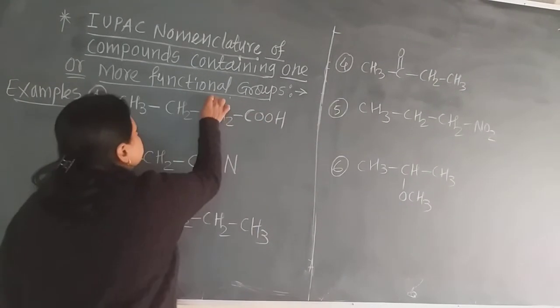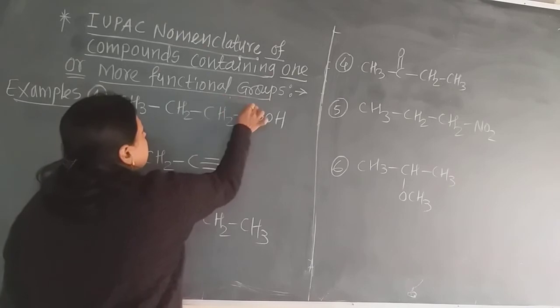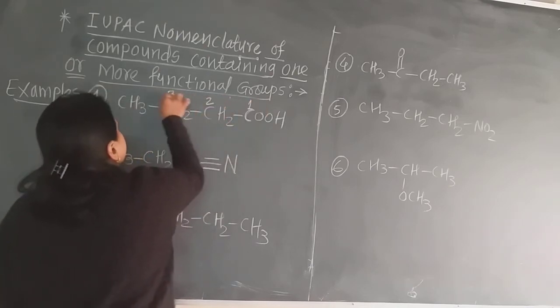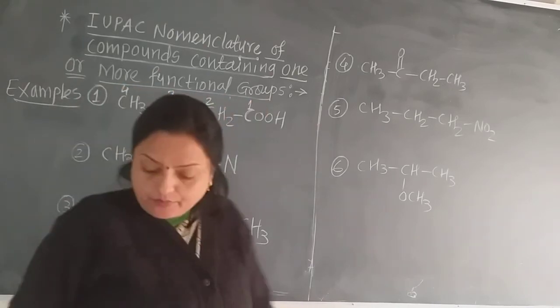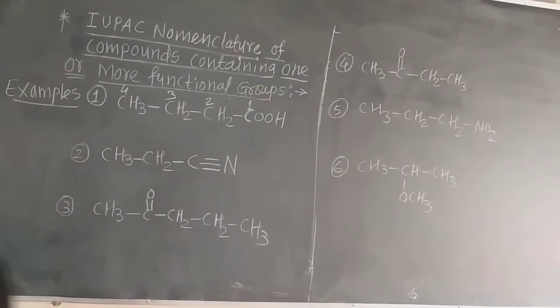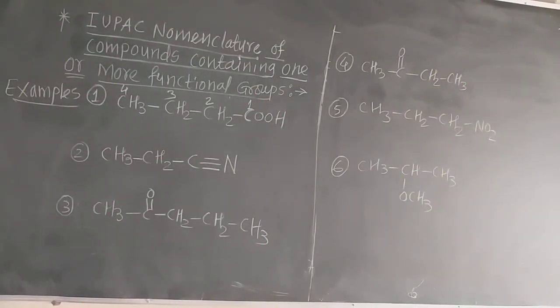This is the first carbon, this is second, third, fourth. The carbon containing the carboxylic group must be given locant 1. Now if the COOH group is at the end position, then sometimes the numbering will not be given there, because if it is in between, then the numbering is required.